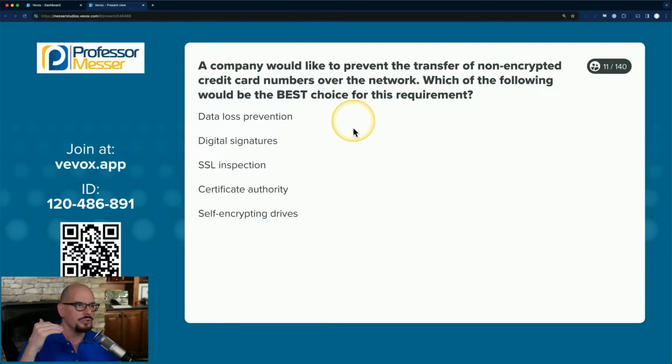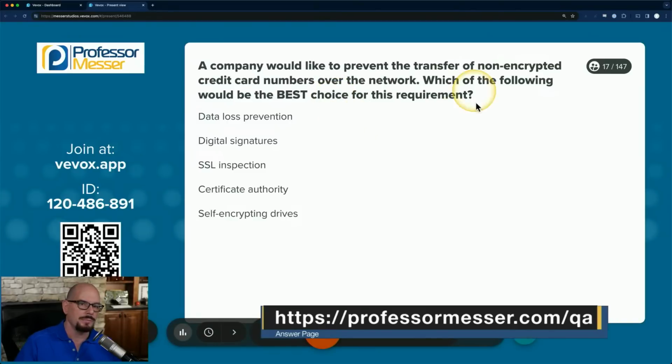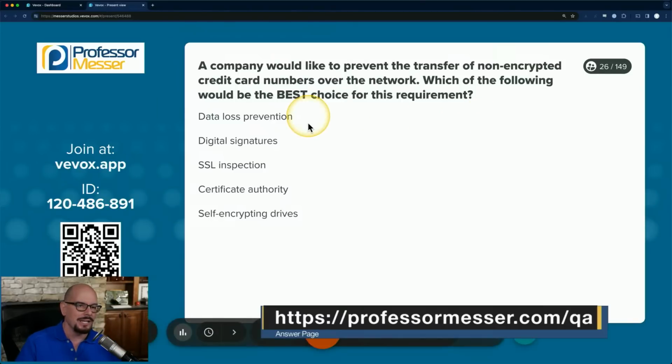We're going to show you the question here, and then you submit it online using this link, professormesser.com/QA. The question is, a company would like to prevent the transfer of non-encrypted credit card numbers over the network. Which of the following would be the best choice for this requirement? Is it data loss prevention, digital signatures, SSL inspection, certificate authority, or self-encrypting drives?